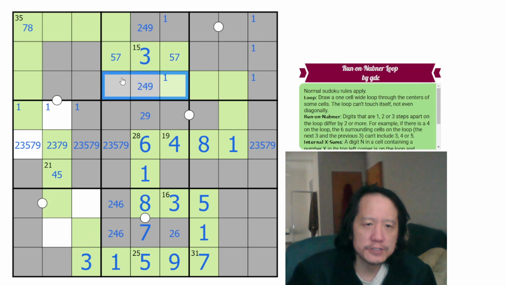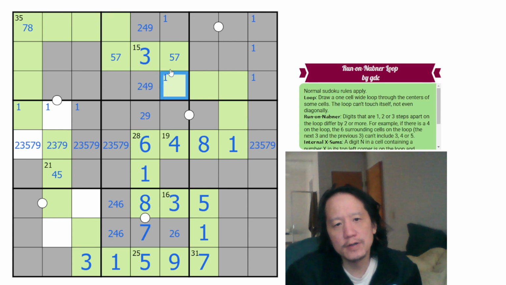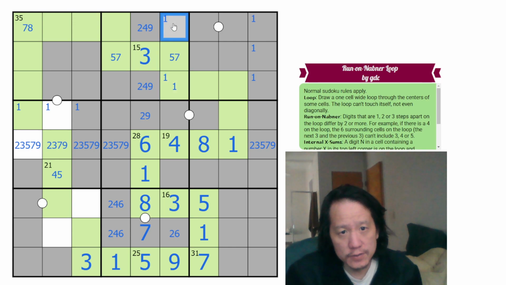What are the remaining digits in box 2? We know the 4 has to be one of these two cells, so none of them can be 4. This could be 1, obviously.